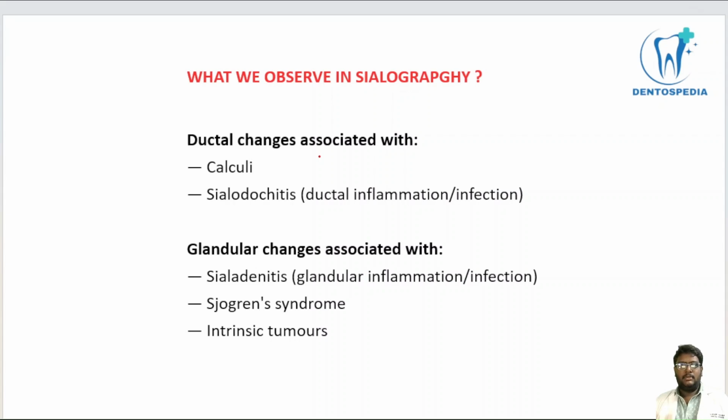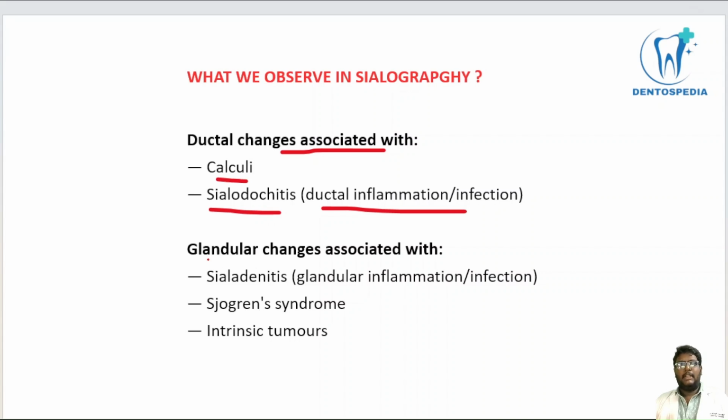And what do we observe? What are the conditions where we use the sialographic technique as an investigation to diagnose if there are any ductal changes associated with the disorder? Suppose calculi or sialodochitis. In these cases, we can use sialography. Sialodochitis is nothing but ductal inflammation or infection.